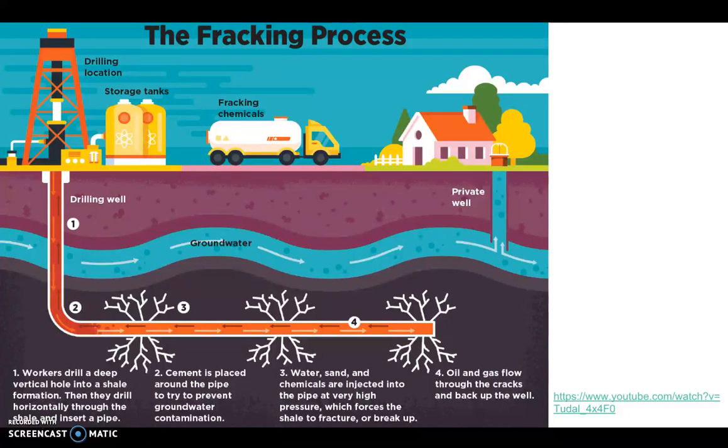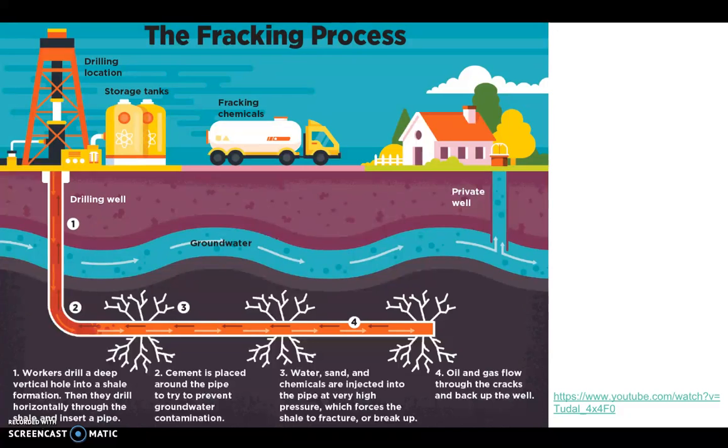Okay. Last but not least, we want to think about different sources of contamination and how they might move through our groundwater. Fracking has been a really controversial topic recently, and this diagram takes you through how fracking works.